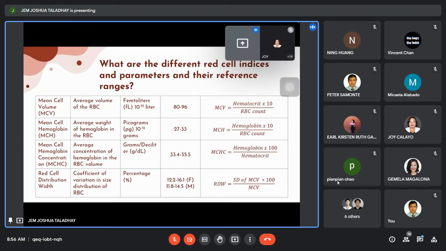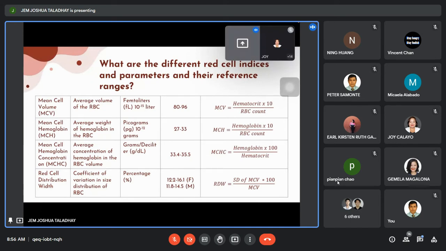However, the zinc will bind to the protoporphyrin because there is no iron present to bind with the erythrocyte protoporphyrin.